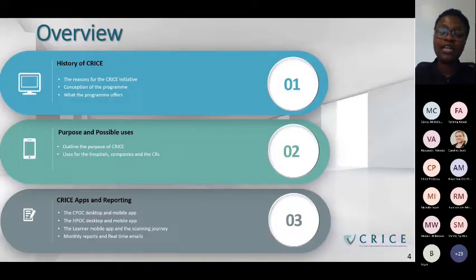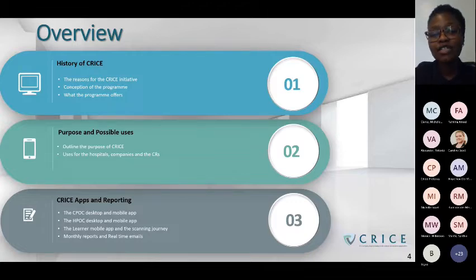Just to outline once again the overview of the topics that we will be covering today. We will have a look at the history of CRICE, where we will be covering the reasons for the CRICE initiative, the conception of the program, as well as what the program offers. We'll then move on to the purposes and the possible uses of the CRICE CAMS program, where we will outline the purpose of CRICE, as well as look at some of the uses for the hospitals, the companies, as well as the CRs.